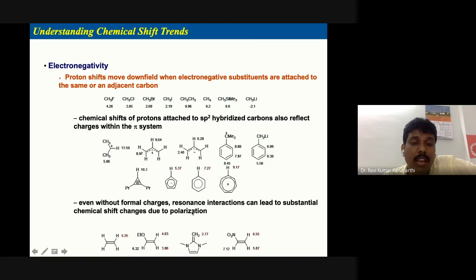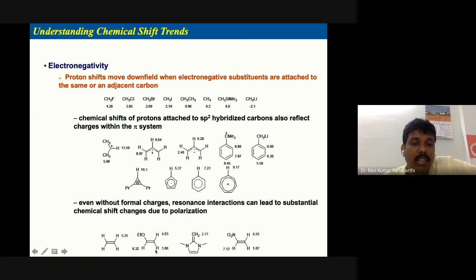And not only when you talk about electronegativity, it basically polarizes over the different bonds, right? Electronegativity extends to nearby bonds, through bonds. That again will help us predict the chemical shift values.